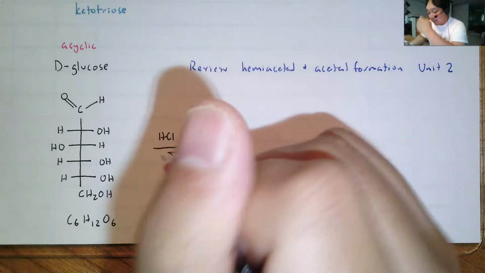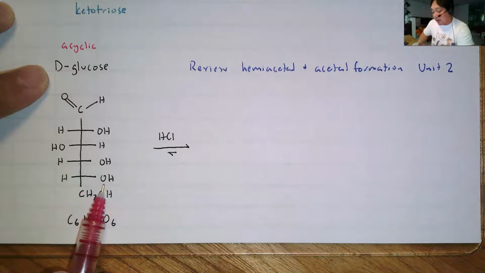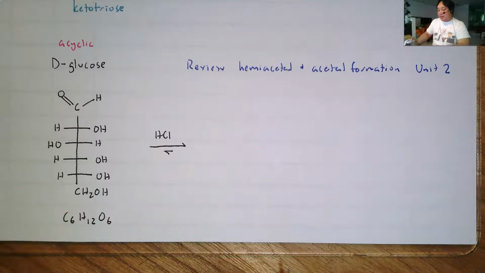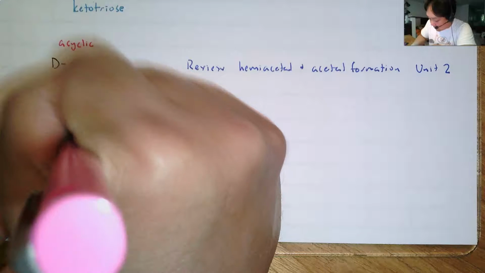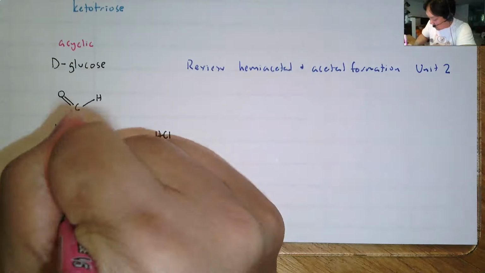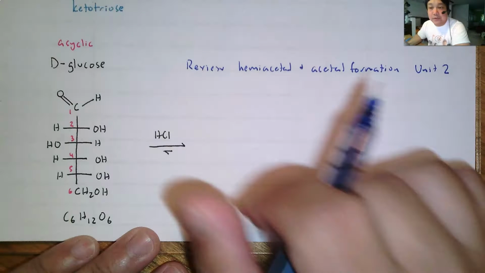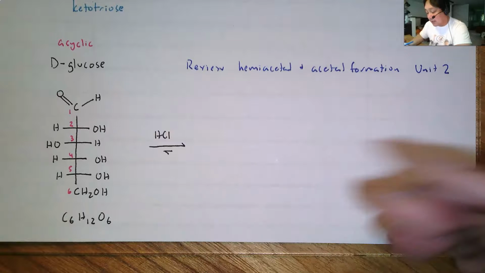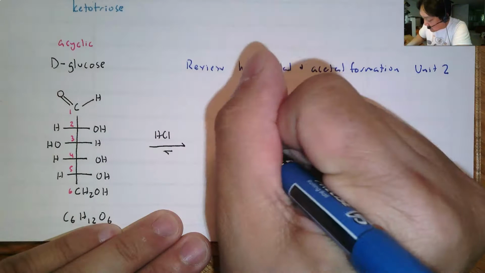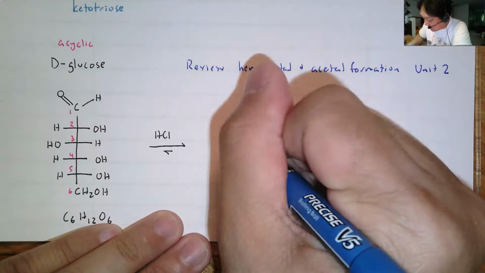By the way, do you know why it's D now? Second to last carbon, we have the hydroxyl group to the right. I'm going to number the carbons. And again, I'm going to draw the ring version of D-glucose, but on the next video, we'll discuss how this happens. Right now, I just want you to have a picture of what glucose looks like in real life.